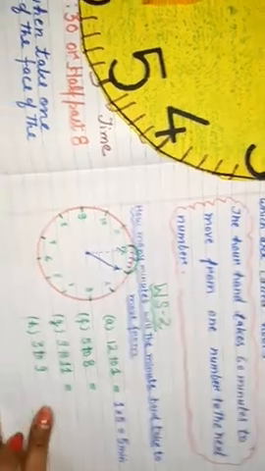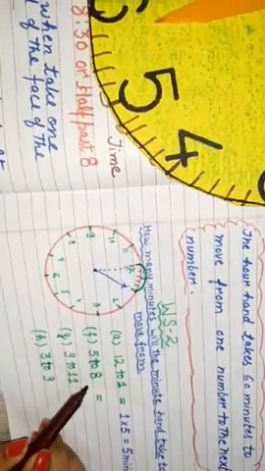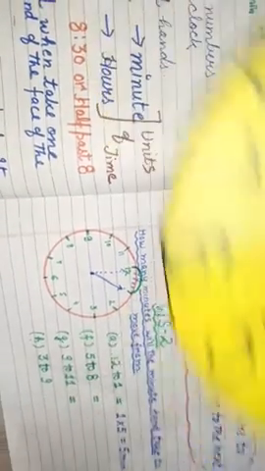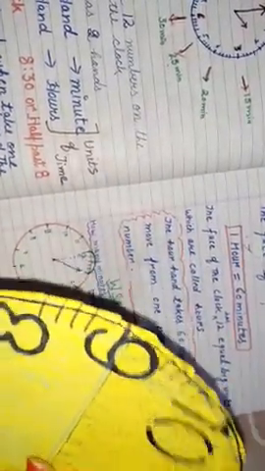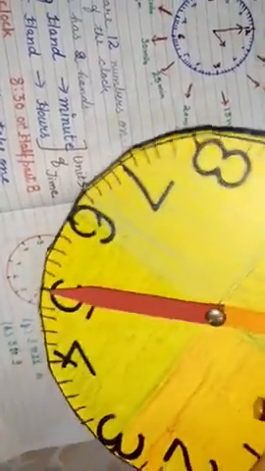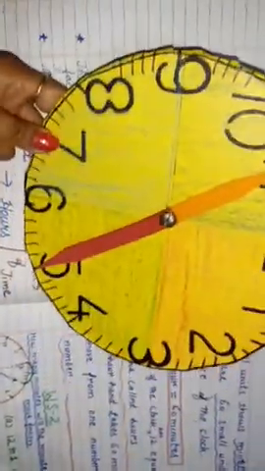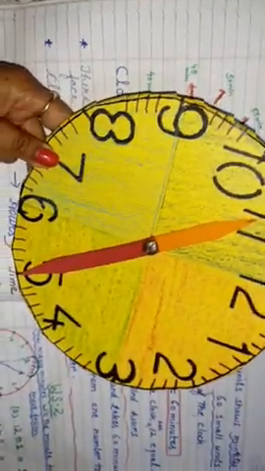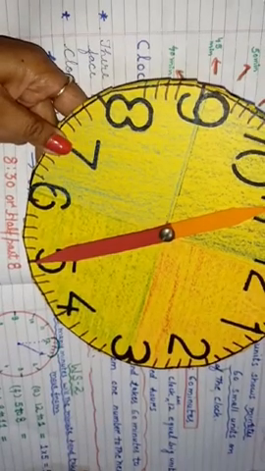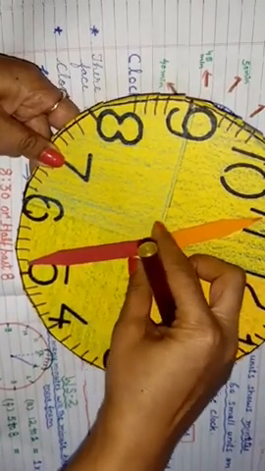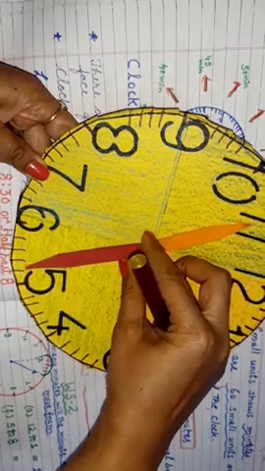Now let us calculate 5 to 8. Here I will show it to you. I will take the minute hand to the 5. Now the minute hand is at 5 and it wants to go to 8.